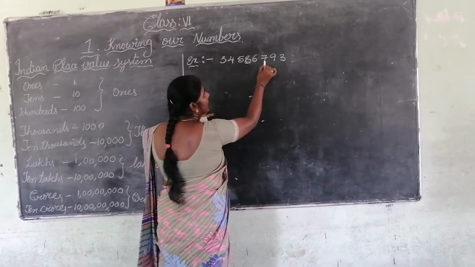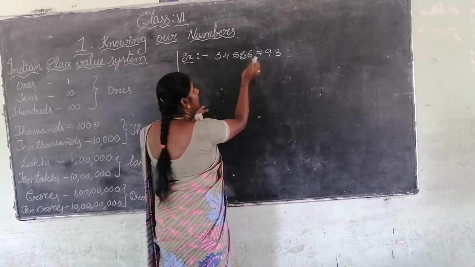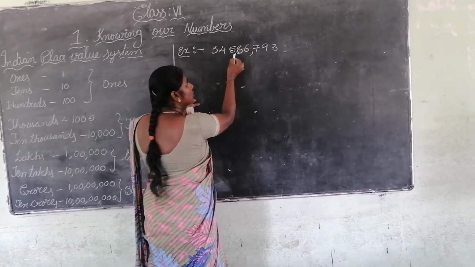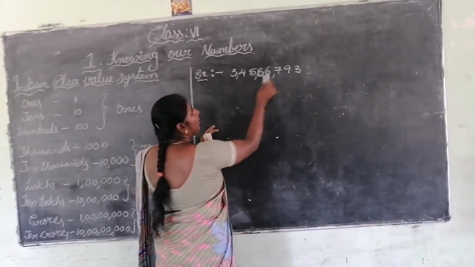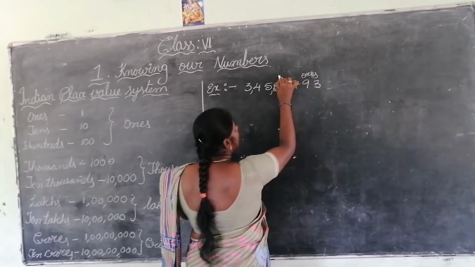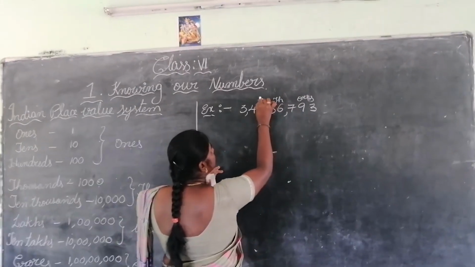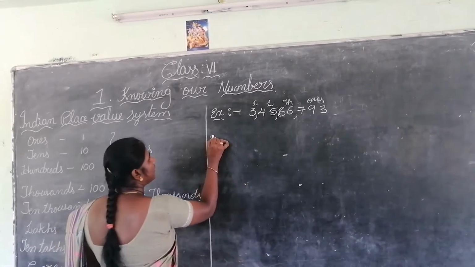Ones, tens, hundreds. These three come under the ones period. We have to put a comma here. Thousands, 10,000. Before the thousands period we put a comma. Again, lakhs, 10 lakhs. This is the ones period, this is the thousands period, this is the lakhs period, this is the crores period. Now how do we write the number?